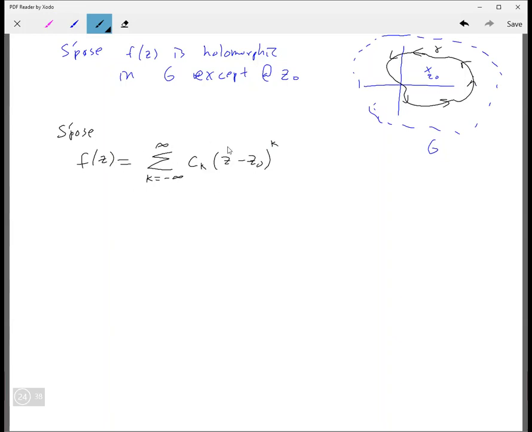Suppose it's able to be expanded like that, and we're going to figure out what these constants are.